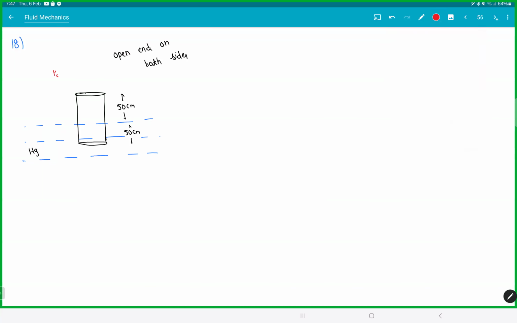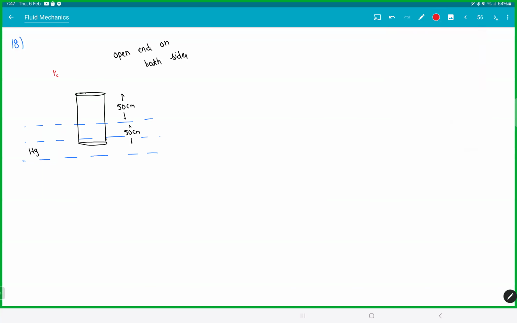Then what you did, you sealed this container. You closed it on the top. This is still 50 centimeters. Nothing changed. You just sealed it at the top.